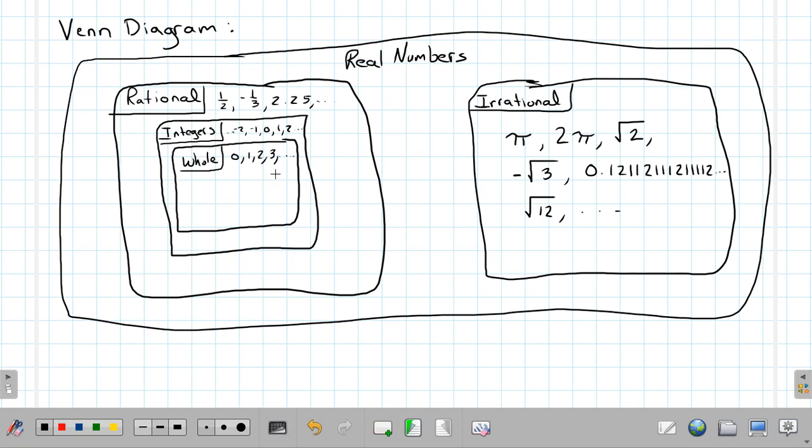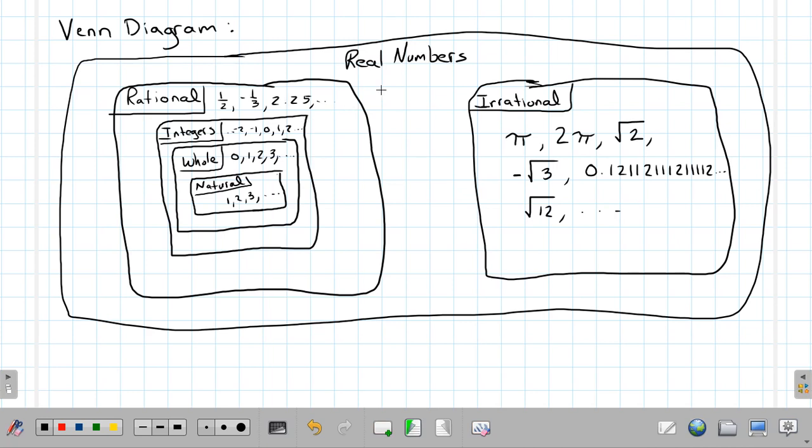And then lastly, the last little block here, these are the natural numbers. And once again, it starts off with 1, 2, 3, and then it goes on forever. So if a number's natural, it's also whole. It's also an integer. It's also rational, and it's also real.